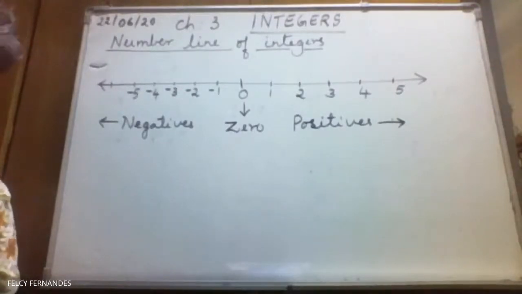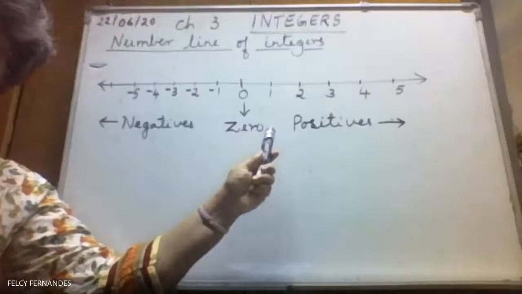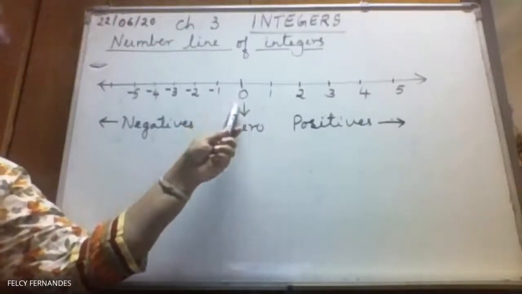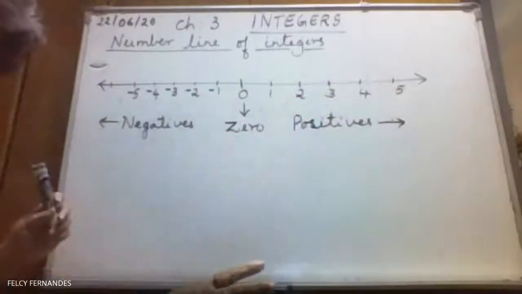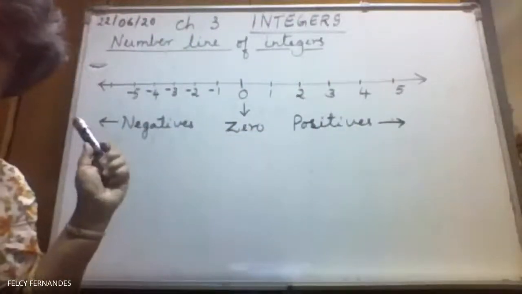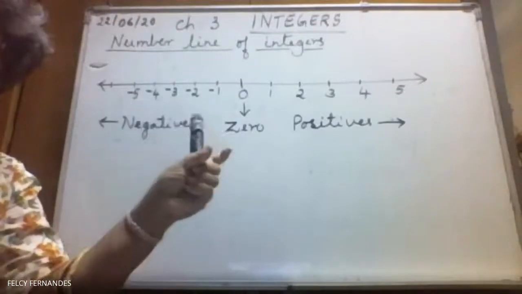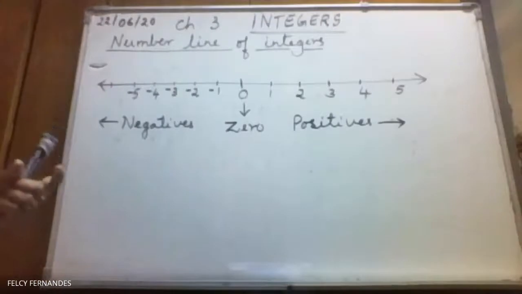Is it done, children? I hope now you know the number line of integers. We have 0 in the middle, and on your right side, always positive numbers. On your left side, negative numbers. And equal intervals you have to mark. That's why you need a scale. Properly you have to mark.